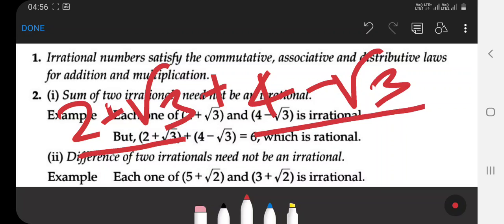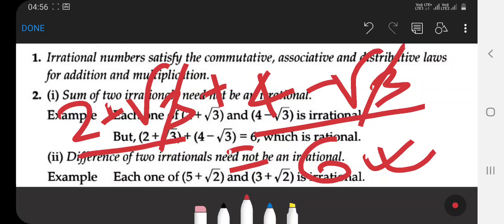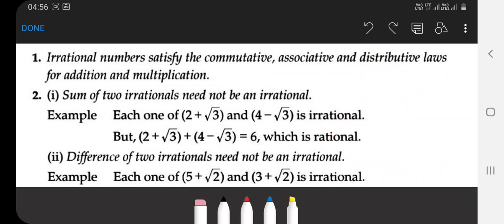The sum of two irrational numbers may be rational. Root 3 cancels and your result is 2 plus 4, that is equal to 6, and 6 is a rational number. Clear?